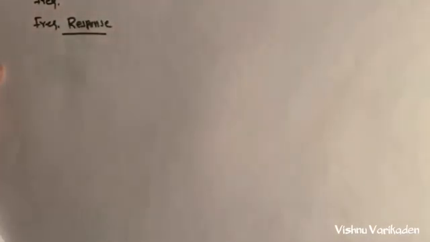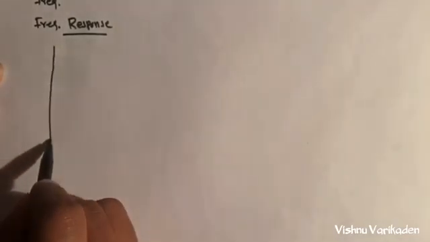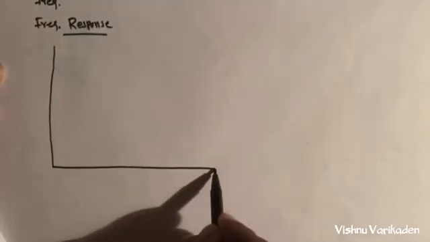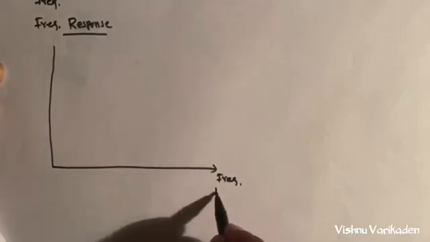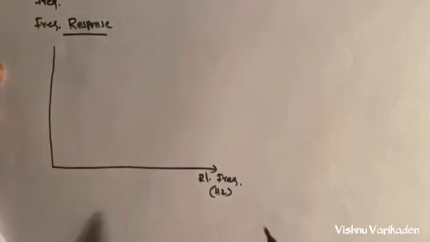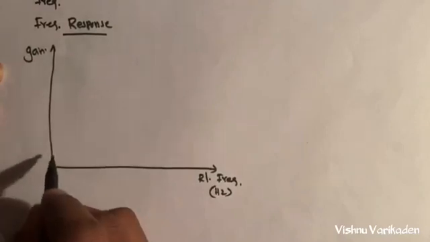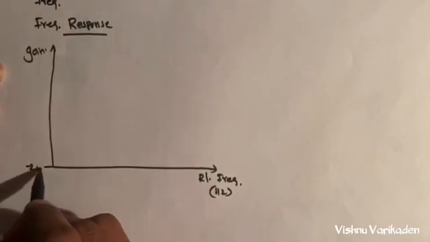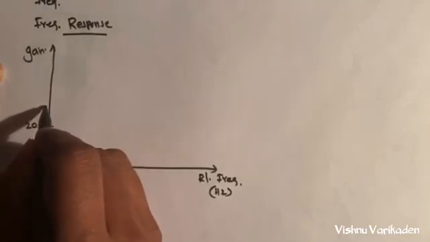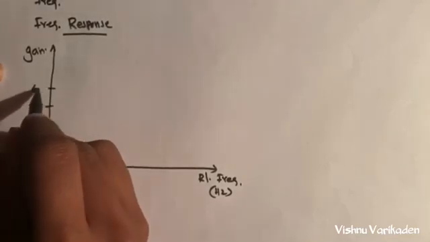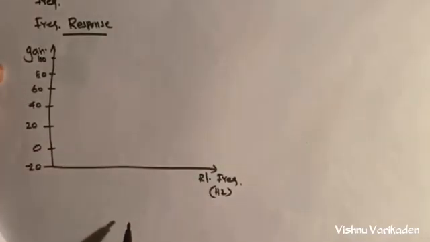There is the gain part, and this one is the frequency, relative frequency in hertz. The gain axis starts from minus 20, 0, 20, 40, 60, 80 and the maximum point we can write as 100.